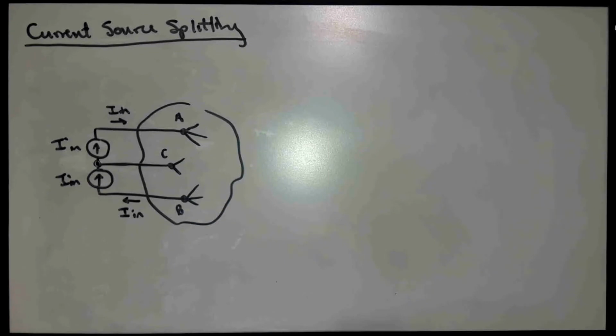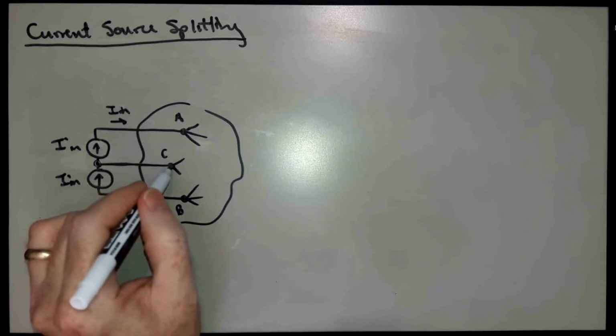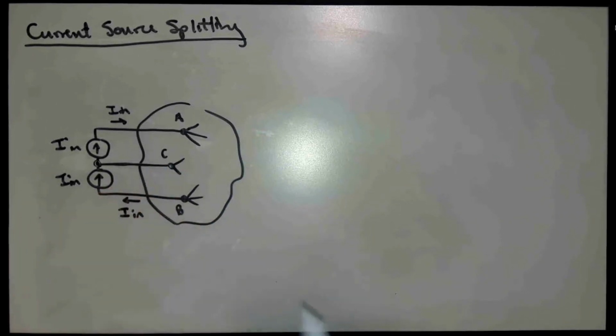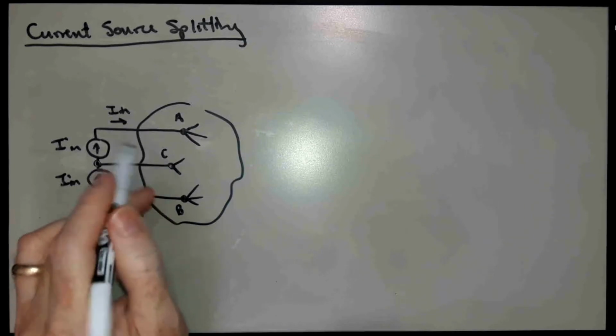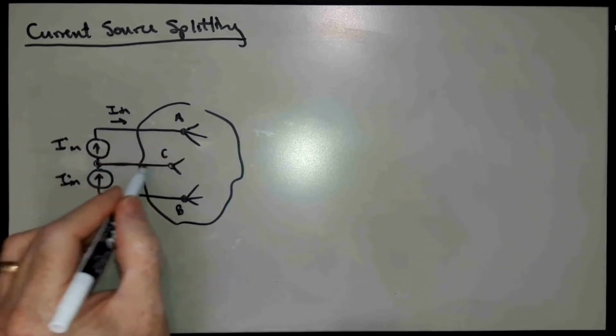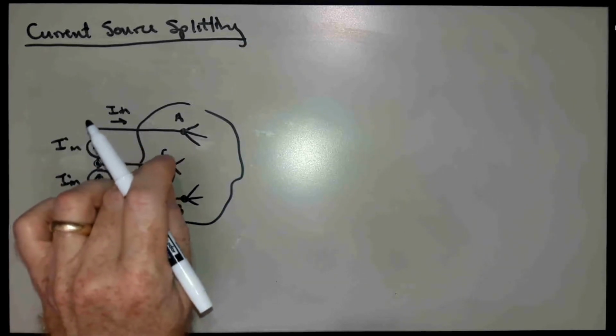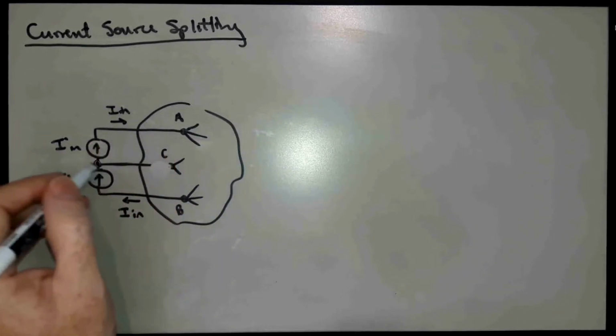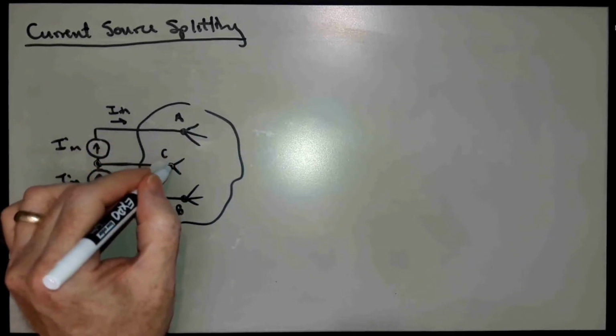Now, that may strike you as being an illegitimate thing to do, but if I ask, have I changed the KCL equation here at node C? The answer is no, I haven't. Because before, I had no current contributed by that node here.